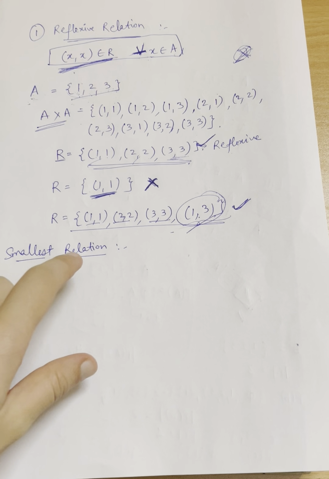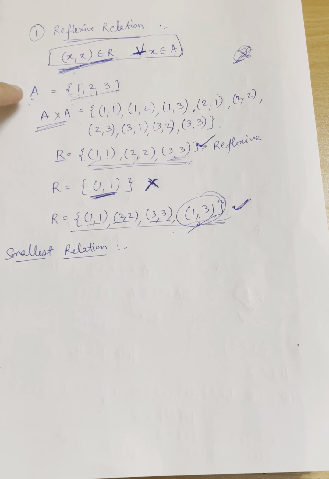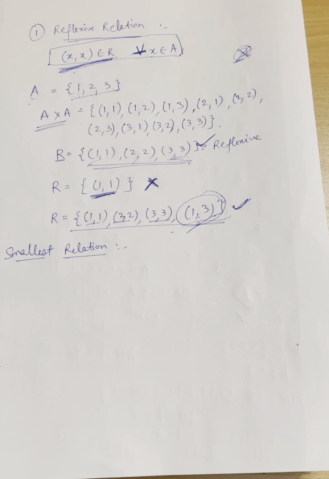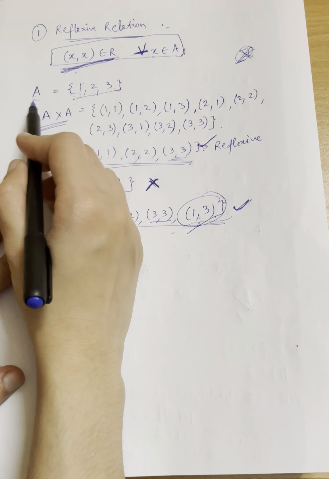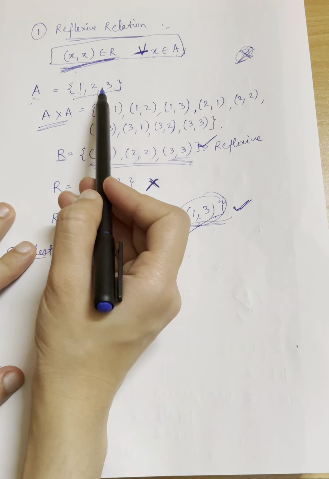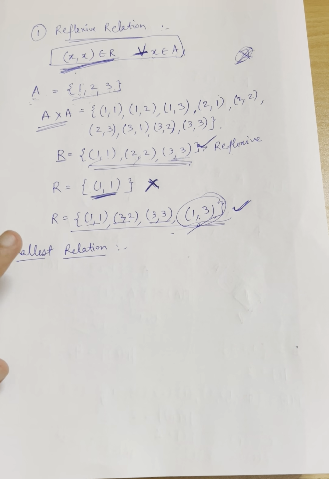Okay, smallest relation. This set has cardinality 3. Take this example first, then go to the generic one for n elements. So the cardinality of set A is 3. Now see what is the smallest relation which is reflexive.